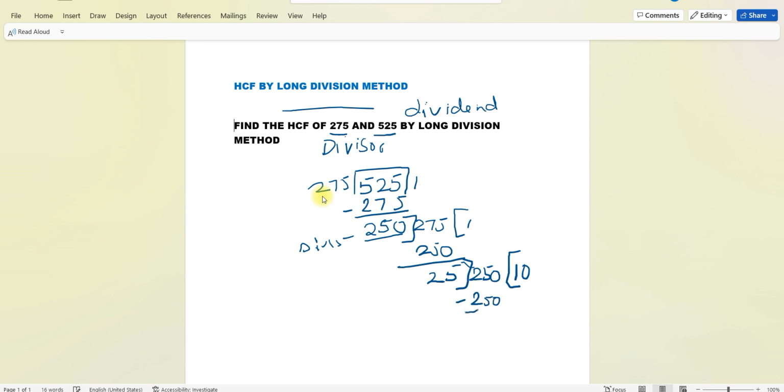So once I subtract, I get 0. So till you get 0, you will continue doing the normal division. So at the last, what you get, that is the divisor, would be the HCF. HCF would be 25. So HCF of 275 and 525 would be 25. This is how you can find the HCF.